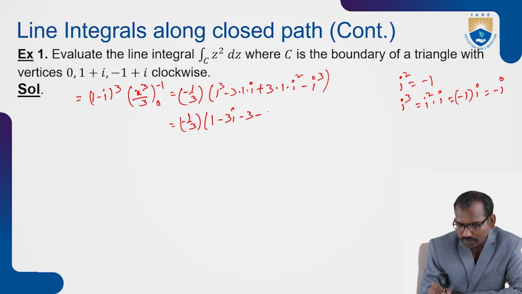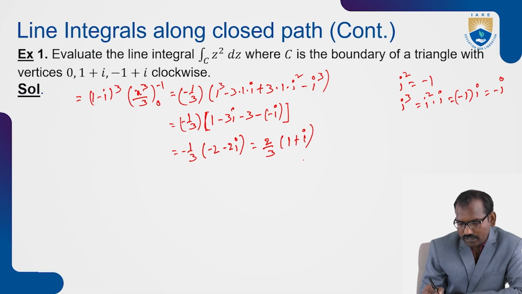So minus of minus i. In this way you will get minus 1/3, here minus 2, minus 2i. In this way you will get 2/3 of (1 plus i).